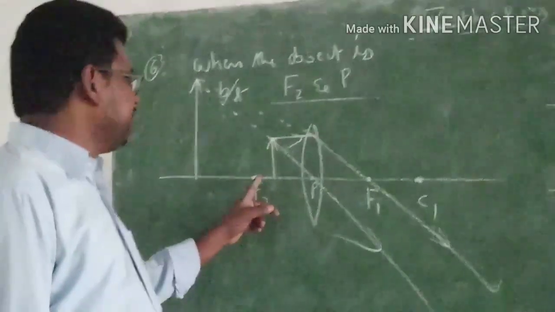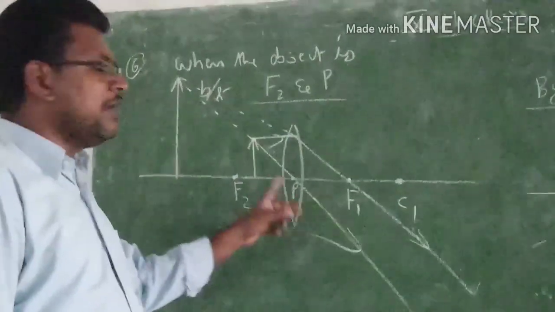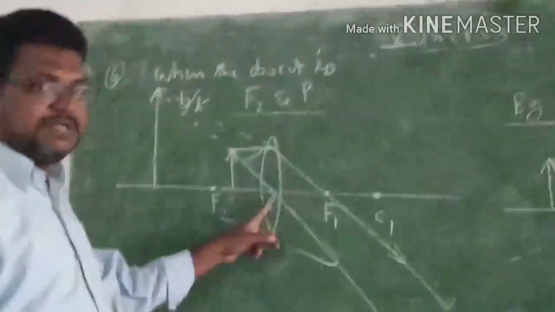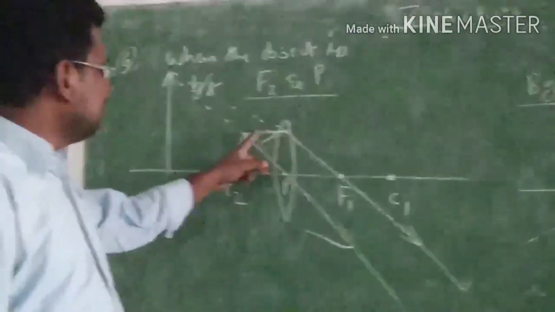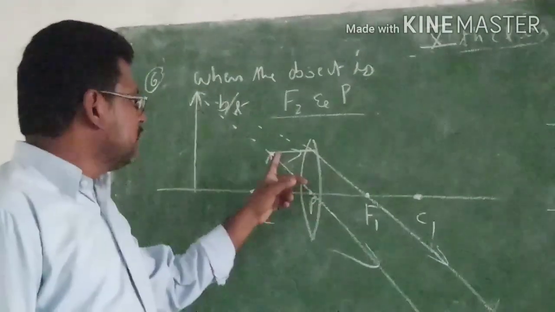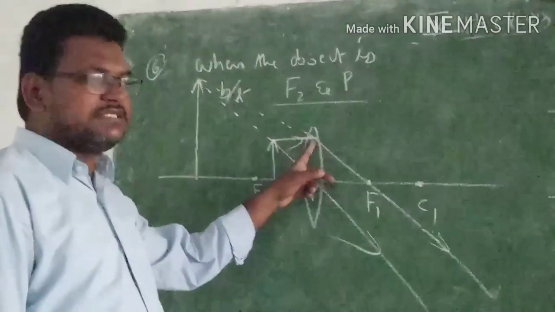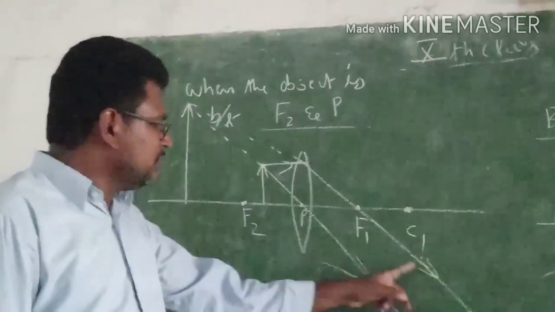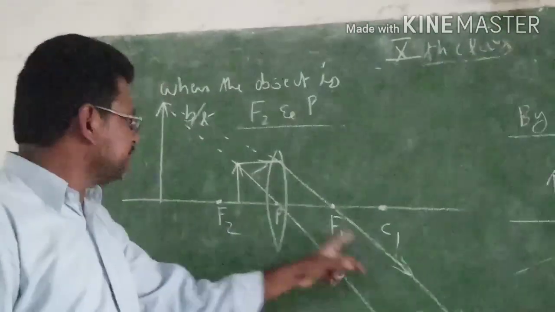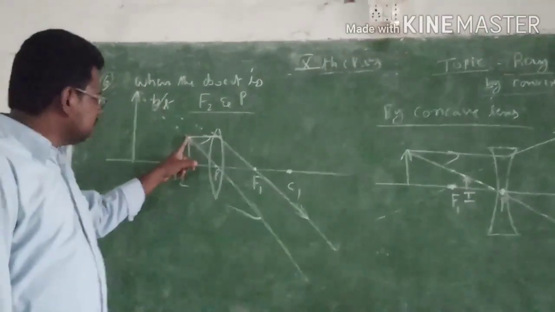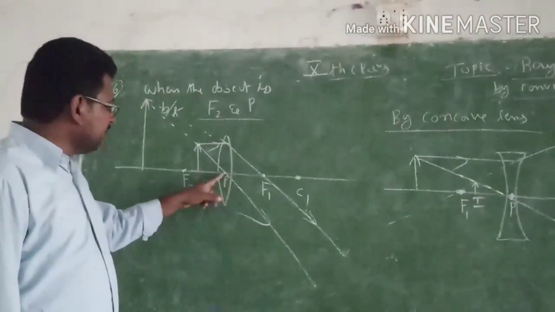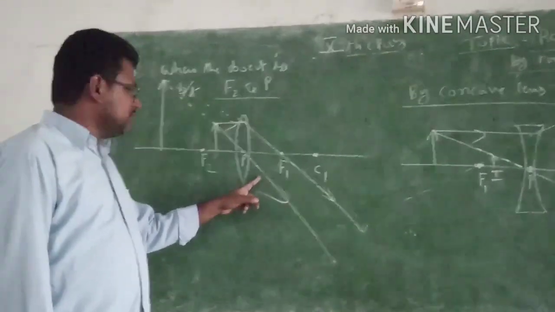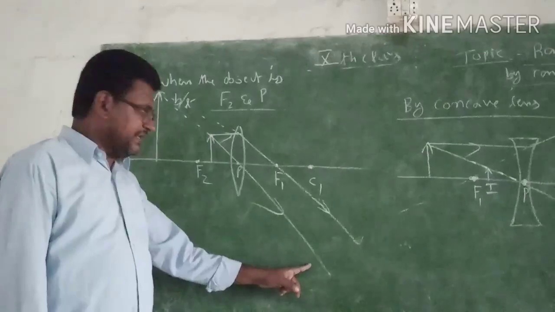Now see here, when the object is between focus and optic center, let's take two incident light rays. One is parallel to the principal axis. After the refraction, it passes through the focus, and let's take another one which is passing through the optic center. After the refraction, without any deviation, it passes in the same direction.